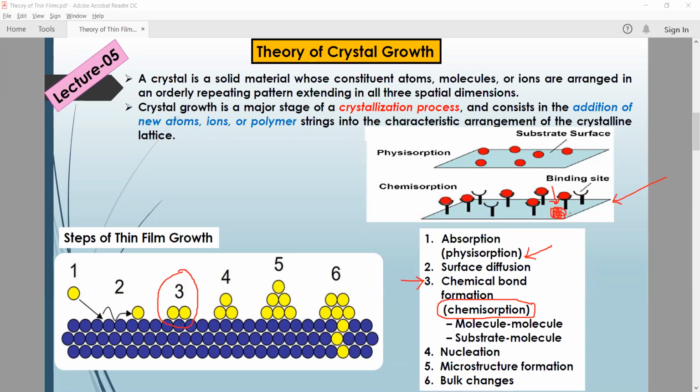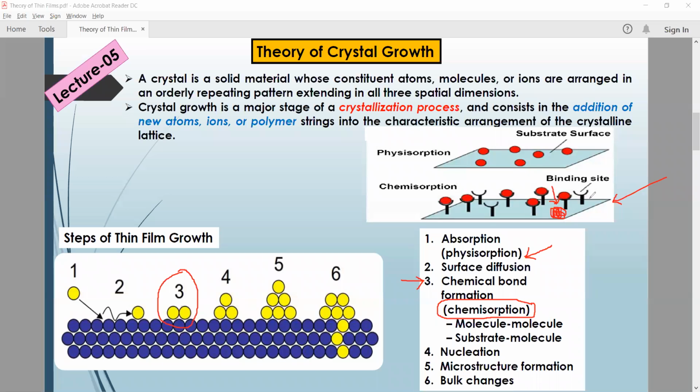But during the process of substrate molecule attraction, the substrate is a different kind of material, and the molecules are a different kind of material. So chemisorption is nothing but adsorption by formation of a chemical bond between adsorptive and adsorbent.